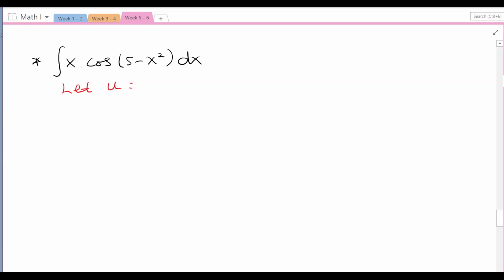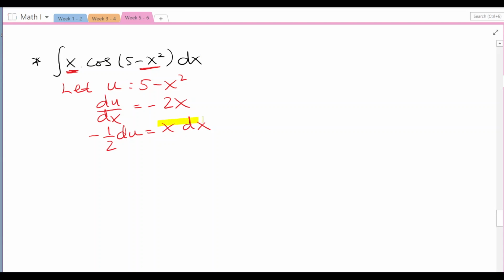If we differentiate negative x squared, it will be equal to negative 2x, which has the x, our term here. So we let u be 5 minus x squared, because the derivative of u with respect to x is negative 2x, which by rearrangement equals negative half du times x dx, by moving dx to the right hand side and the constant to the left hand side.